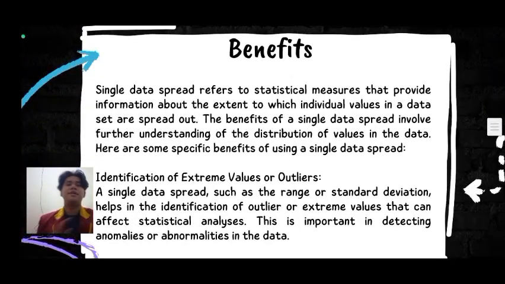And then the benefits. Single data spread refers to statistical measures that provide information about the extent to which individual values in the dataset are spread out. The benefits of a single data spread involve a better understanding of the distribution of values in the data. Here are some specific benefits of using a single data spread.